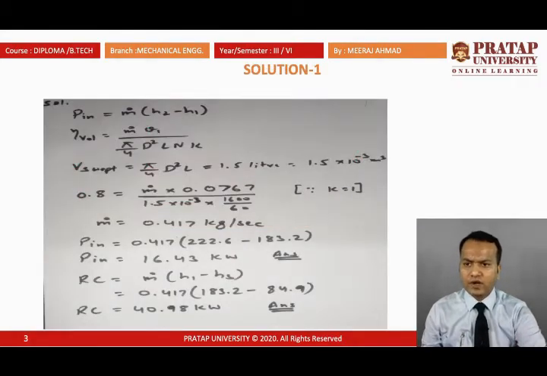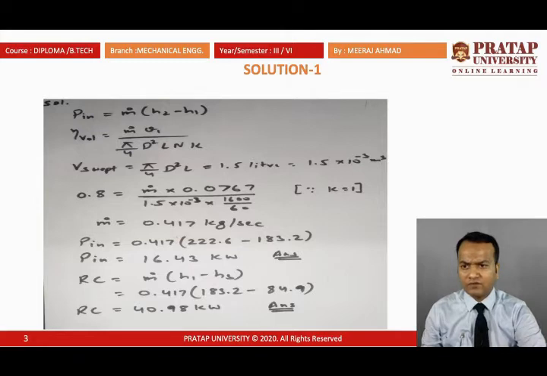Now first write the formula of power input, because you have to find the power input. The power input is equal to the mass flow rate into H2 minus H1, which is the enthalpy at the outlet of the compressor minus the enthalpy at the inlet to the compressor. The enthalpies at outlet and inlet are given in the question, but you do not have the mass flow rate.